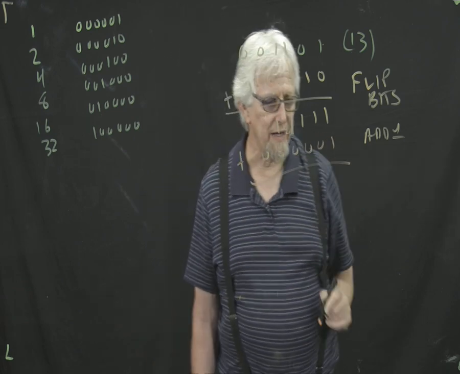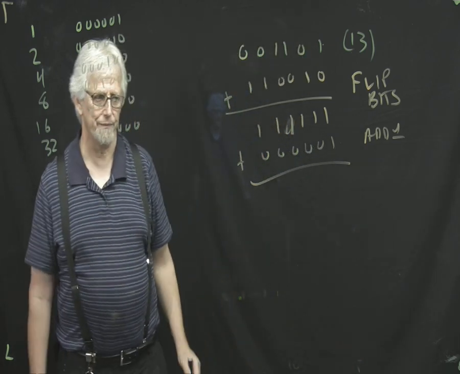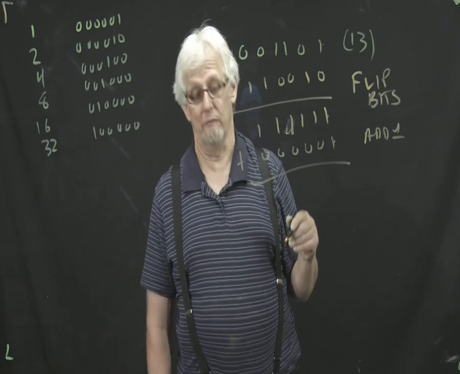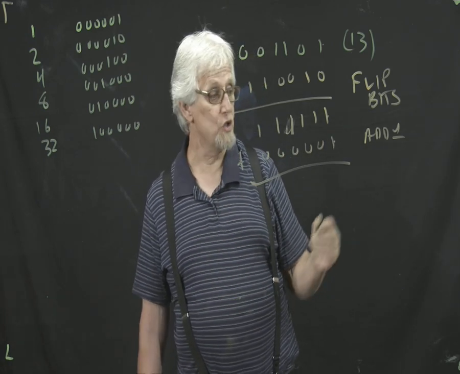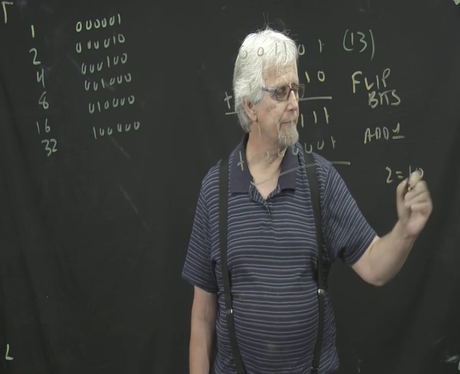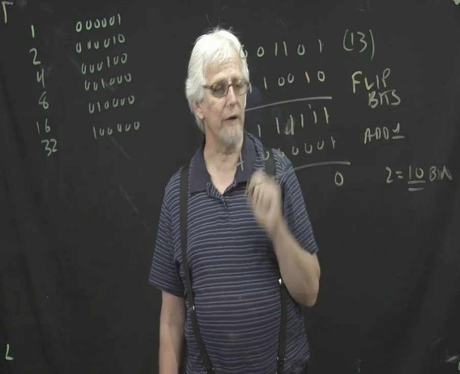So now we're adding, just like you did in grade school, but we're doing it in binary. 1 plus 1 is 2, right? 2 is 1, 0 in binary. So that's a 0 with 1 to carry.